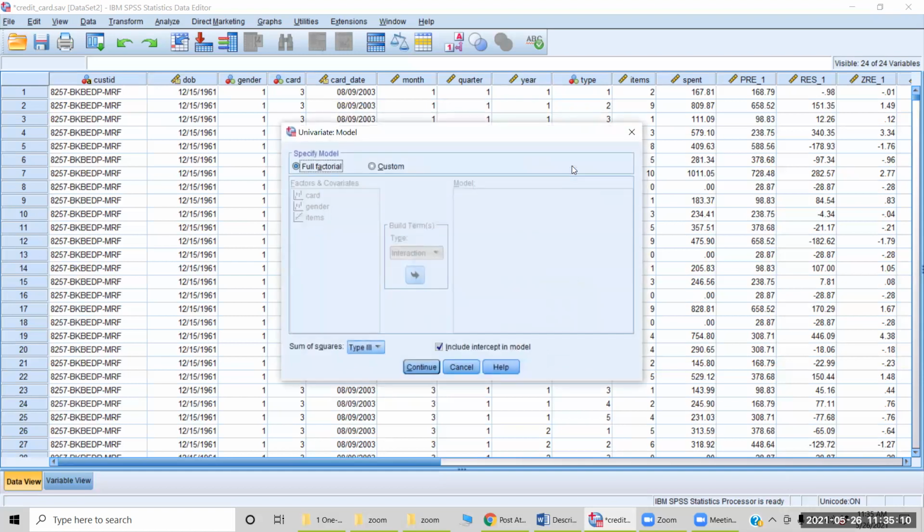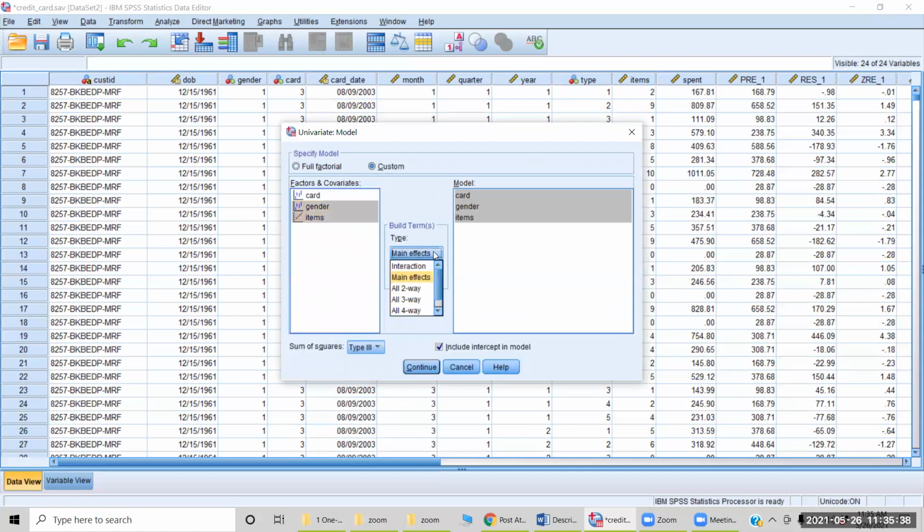For the selection of the model, we choose Custom. For example, we want to see their main effects, so for the calculation of the main effects we select all of them. Then for the moderating role of gender, we add the interaction effects: gender and items, and then the interaction effect between card and gender.